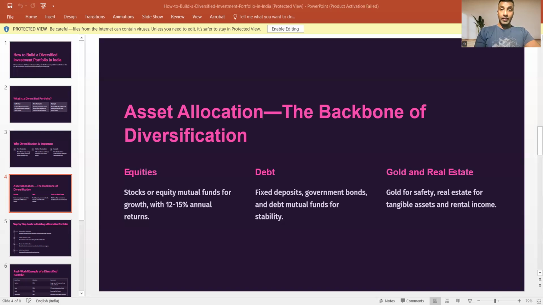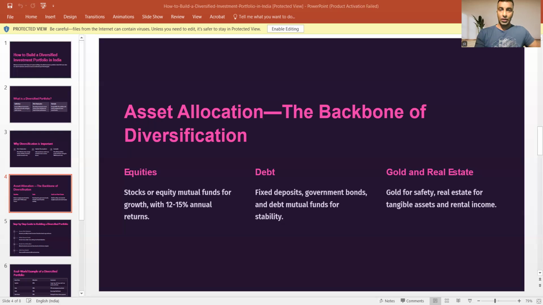Again, debt for stability. See, debt instruments like fixed deposits, government bonds and debt mutual funds are going to provide stability to your portfolio. These will ensure returns without much risk. They offer lower returns, 6 to 8%, but they come with much lower risk compared to equities.